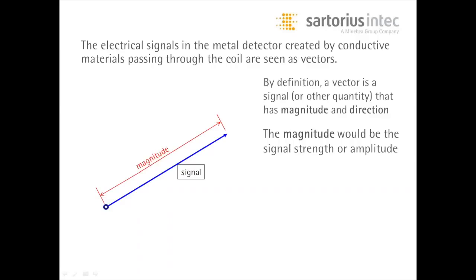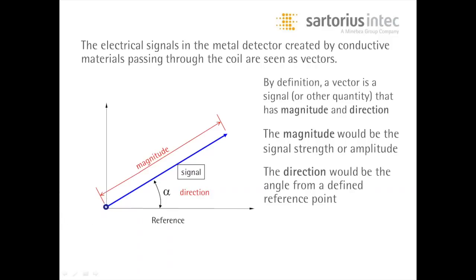The magnitude is obviously the strength, signal strength, or the amplitude of the actual signal. The direction would be the angle from a predefined reference point. In this example, you can see what the magnitude is. It's the strength of the signal, and the direction is the angle from that bottom horizontal line, or the reference.